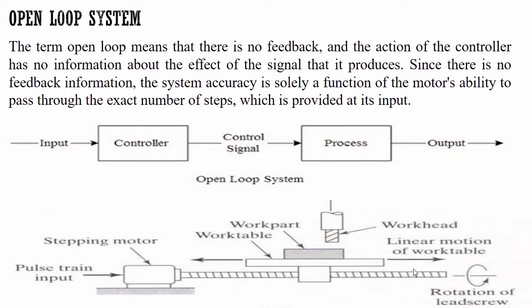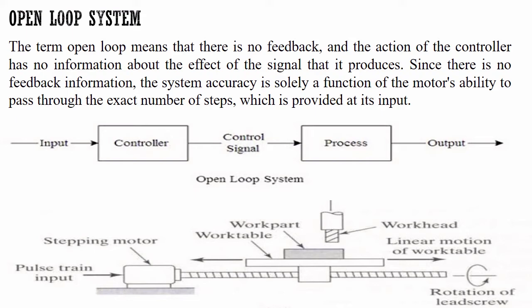While moving in the x direction, relative to each other, at one point of time the tool and workpiece will come to a proper position. Once they come to an accurate position of machining, the operation is carried out.